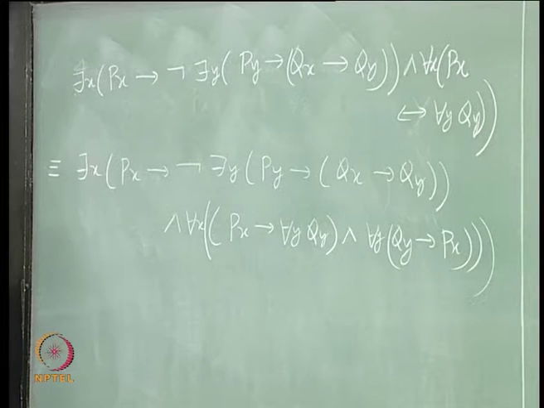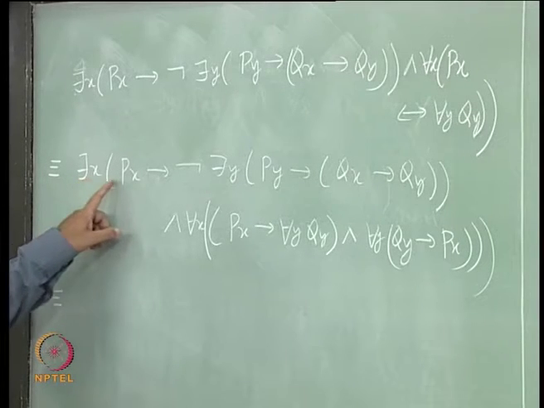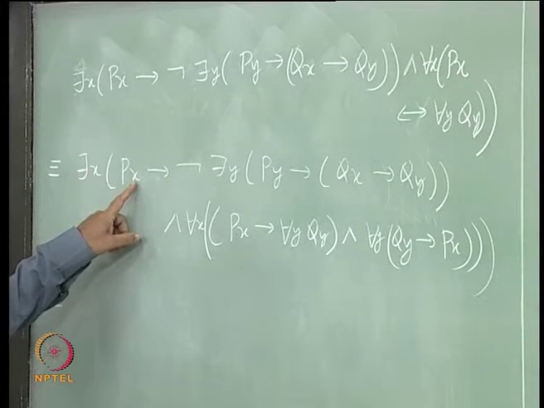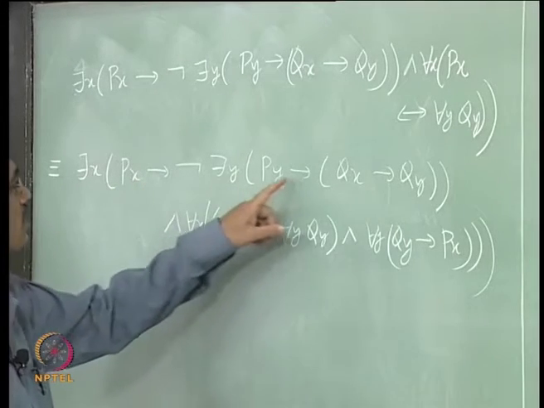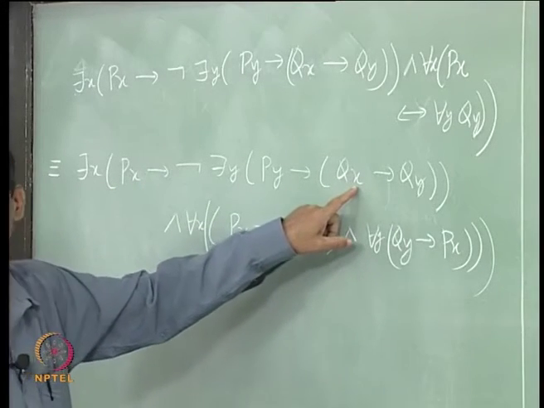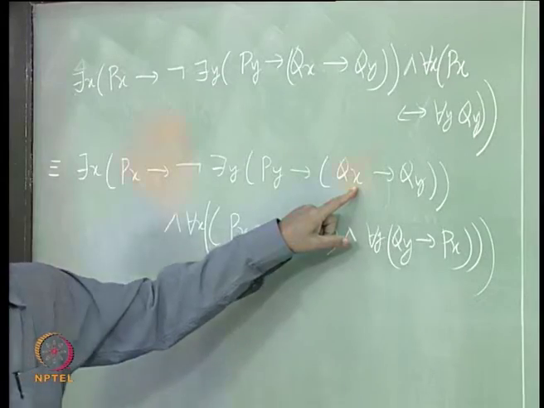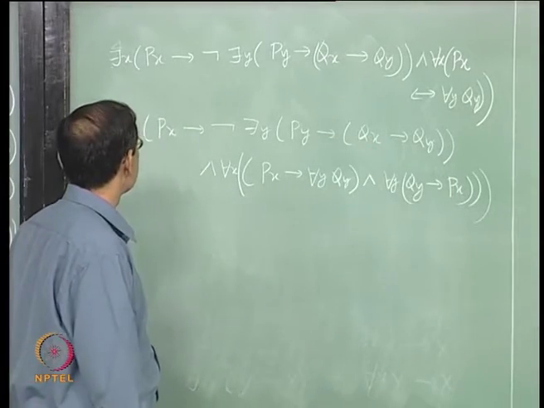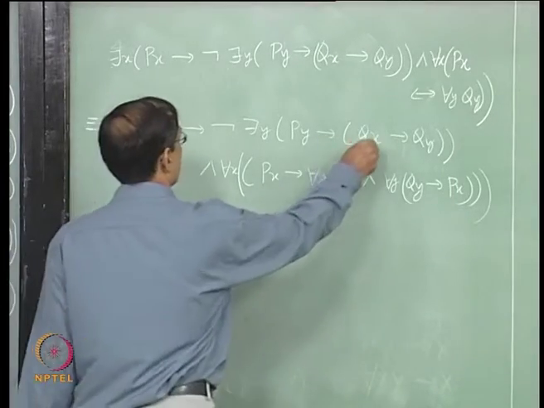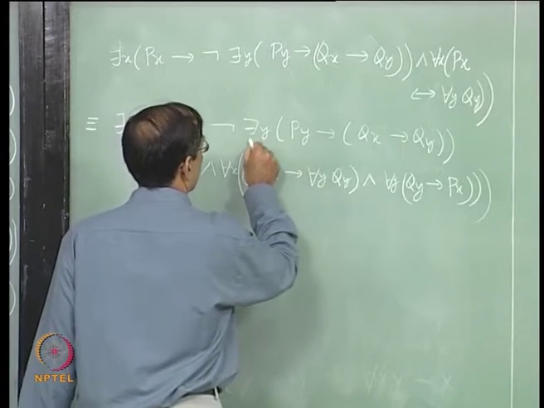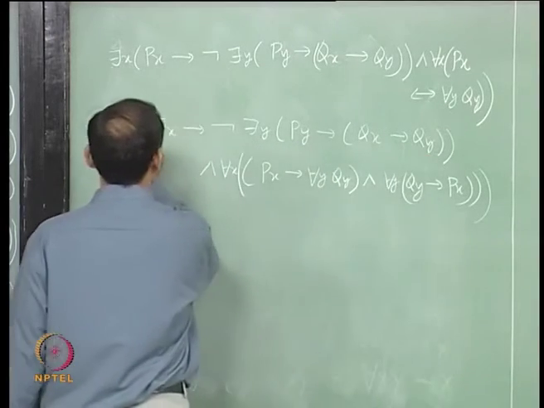Right. The next thing is we rename the bound variables if necessary. Here x is bound, and x is free here, right. So you have to rename the bound variables. But x is not free here, it is not within this scope, it is within this scope.